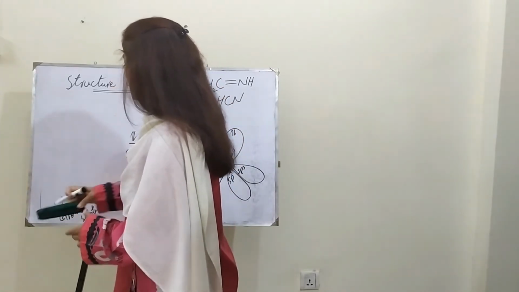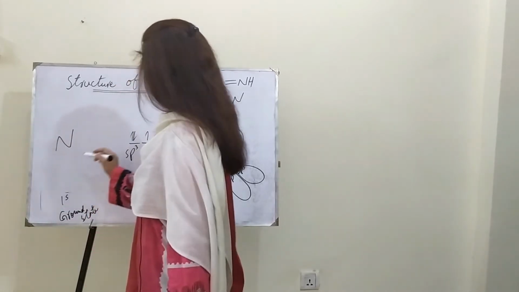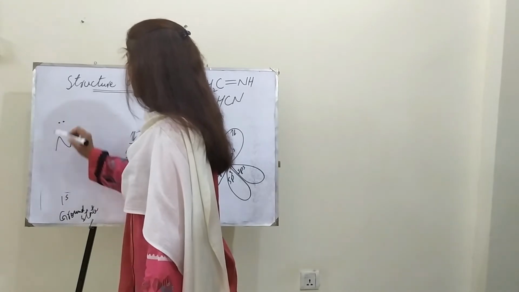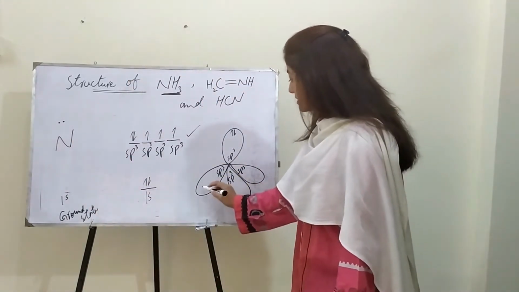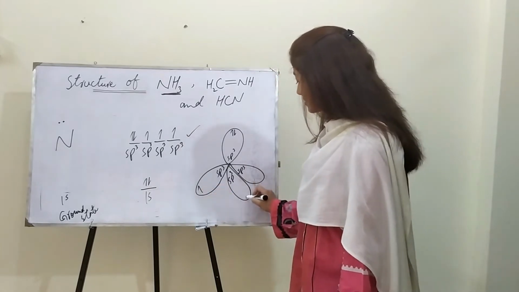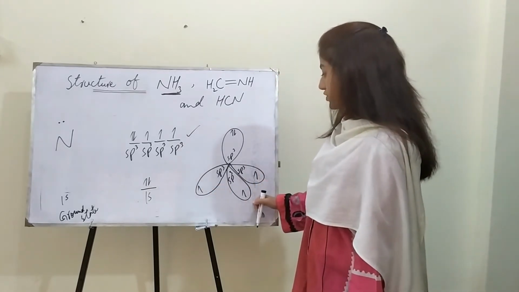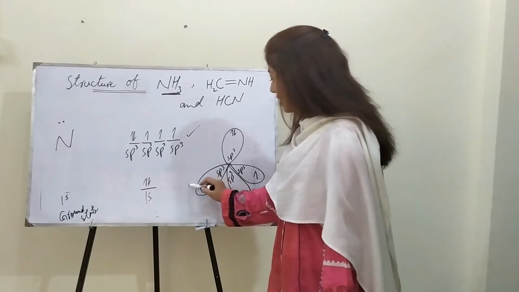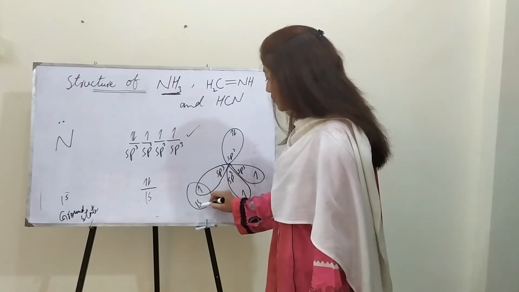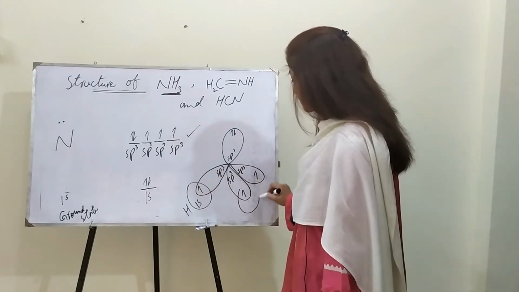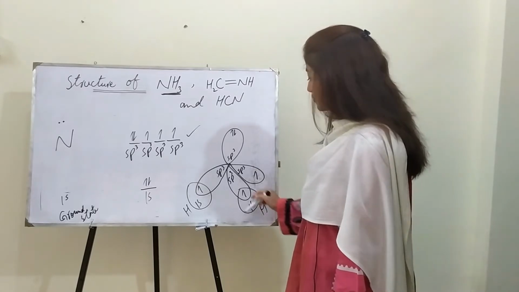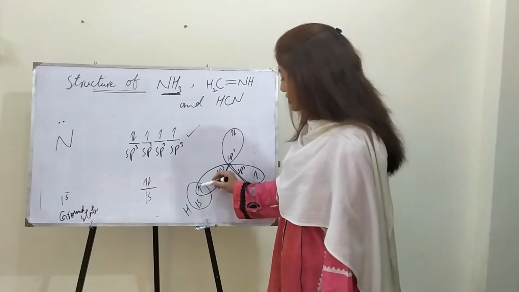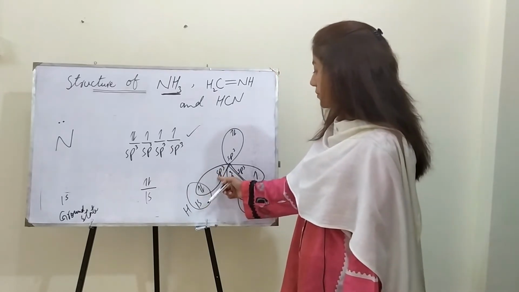If we draw a simple structure of ammonia, then this lone pair of electrons would orient here, and this sp3 orbital has 1 electron, this would also have 1 in each, and each of these 3 sp3 hybrid orbitals are overlapped with 1s orbital of the hydrogen, and when this would overlap with the 1s orbital, then this 1s orbital would also share its electron with the sp3 hybrid orbital.